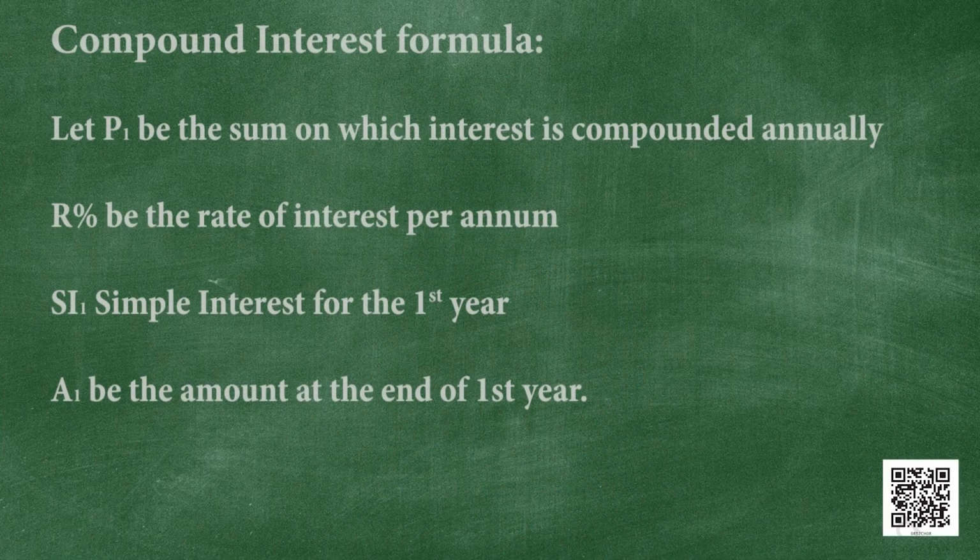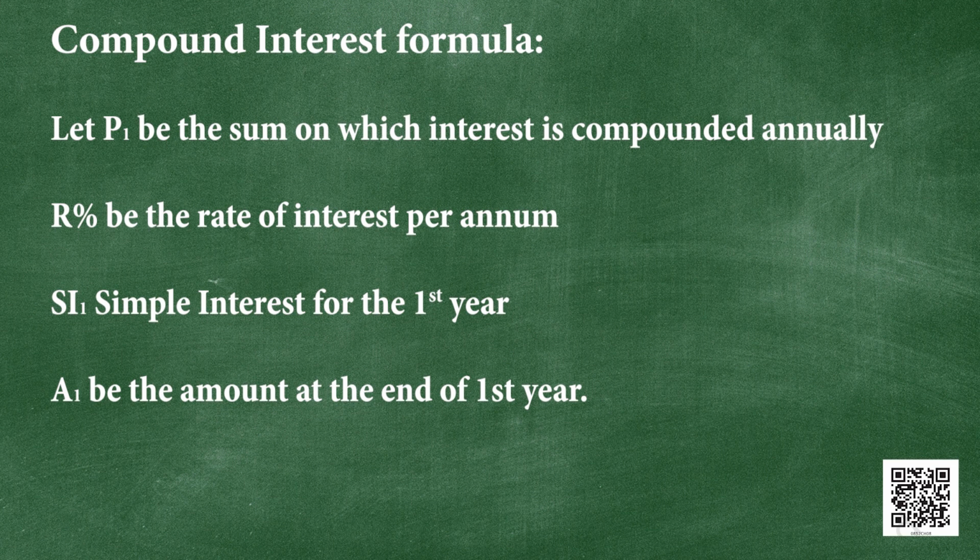Students, it's obvious that whenever we want to find the compound interest for a large number of years, finding it stepwise for each year is a bit tedious. So let's try to deduce a formula for finding the compound interest. Let P1 be the sum on which interest is compounded annually at a rate of R% per annum.